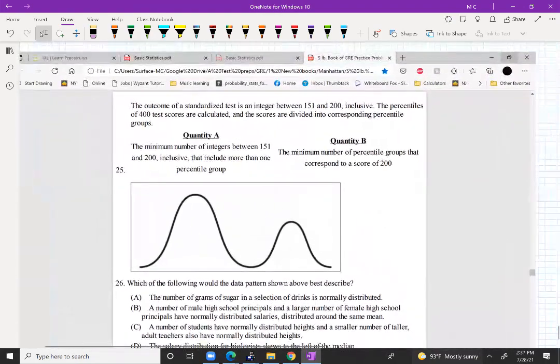So 151 to 200, there are 50 numbers, and that's 400 test scores.